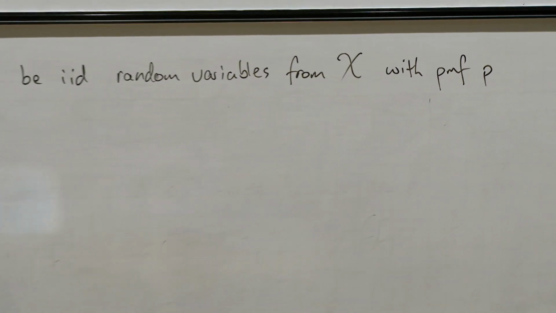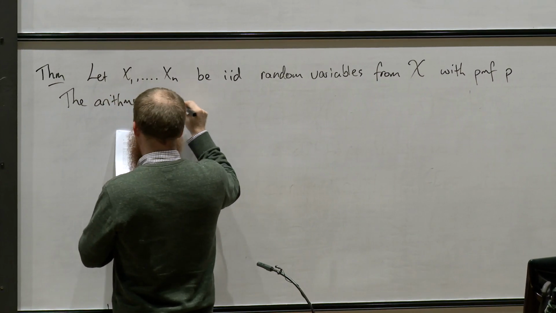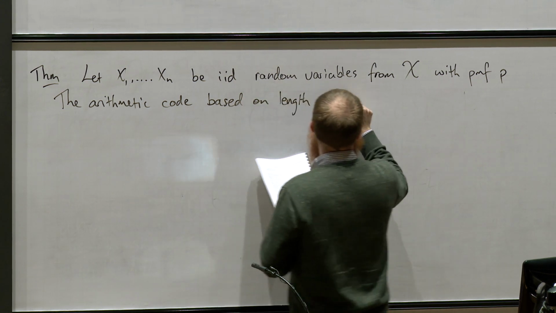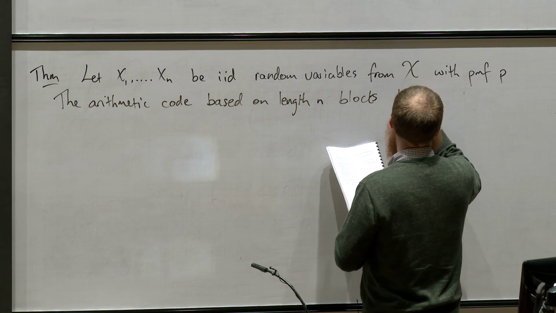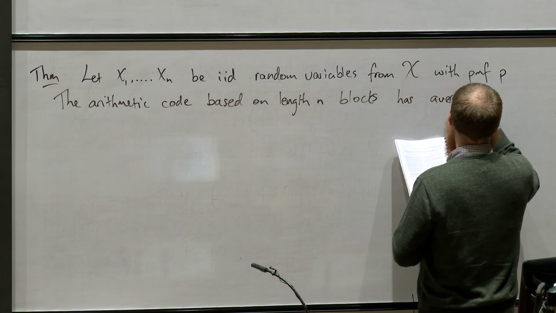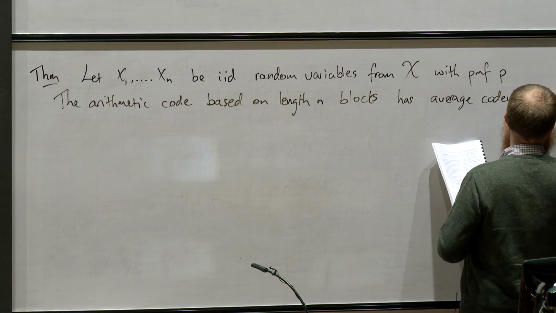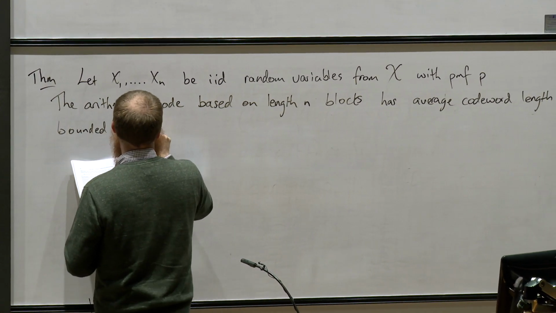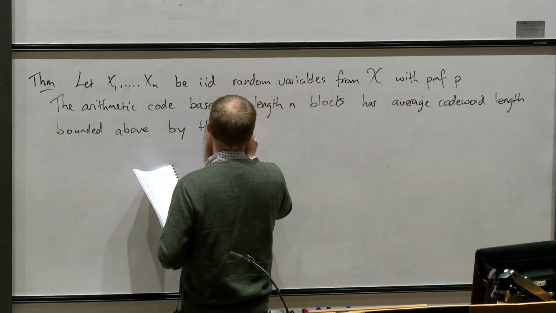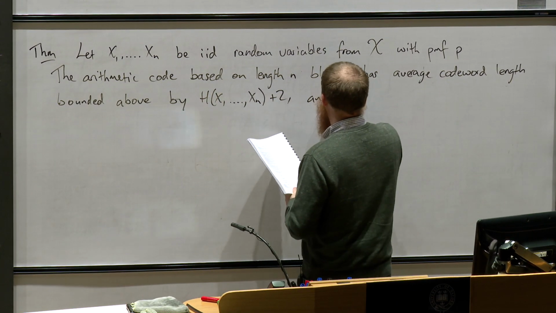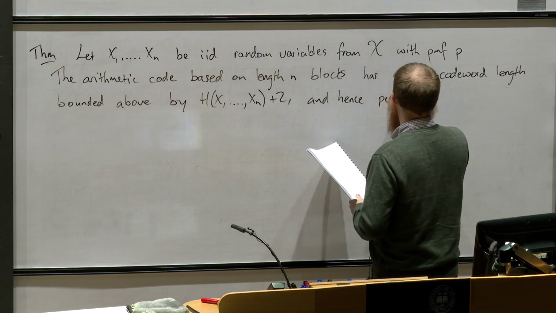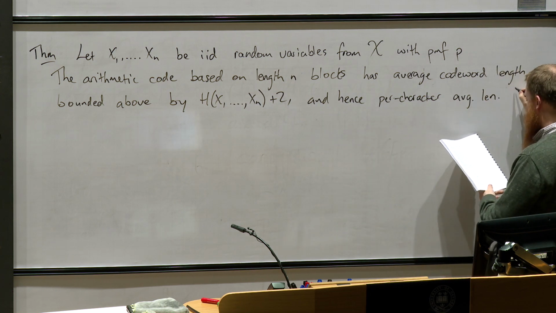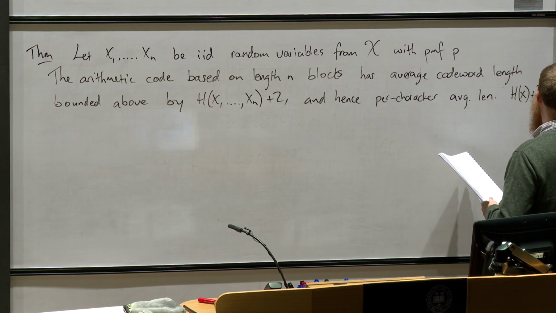The arithmetic code based on length n blocks has average code word length bounded above by H(x1 through to xn) plus 2, and hence per character average length (H(X) plus 2) over n.